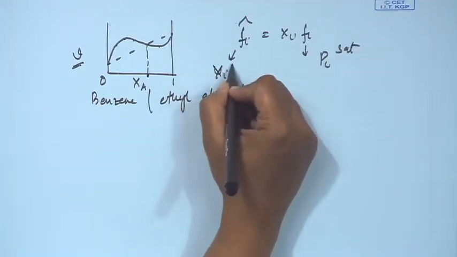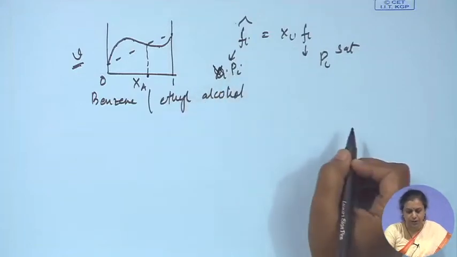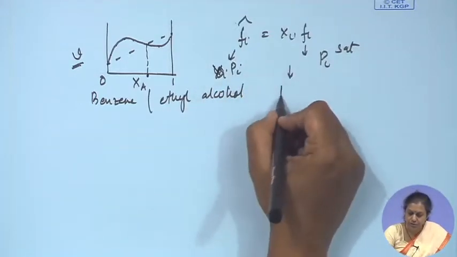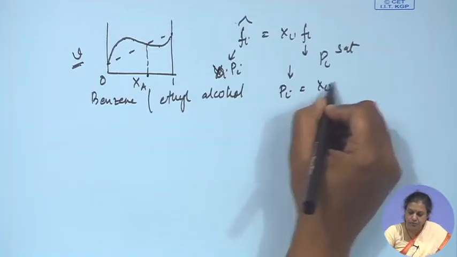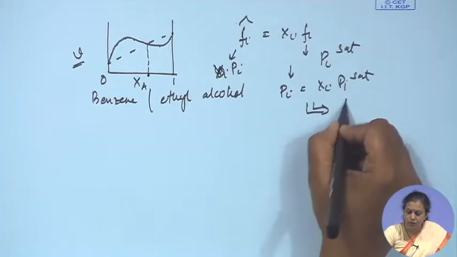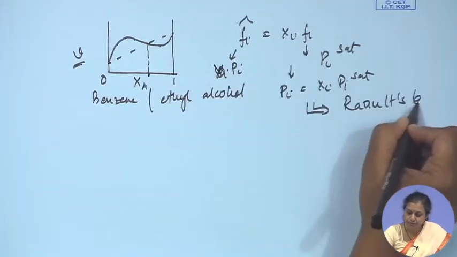And under that condition, what is this equal to? This is Xi into P, or in other words, sorry, this is the partial pressure, isn't it? So, for low to moderate pressure, this reduces to Pi equals Xi Pi saturated, which as you all know is nothing but Raoult's law, right.